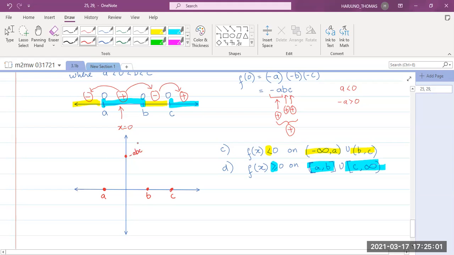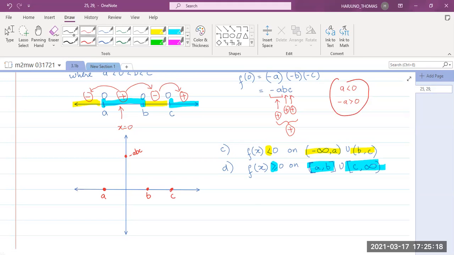Now, negative abc doesn't have to be a negative number. Simply because you see negative in front of that doesn't mean it's negative. Like in this case, a is negative such that negative a becomes positive.